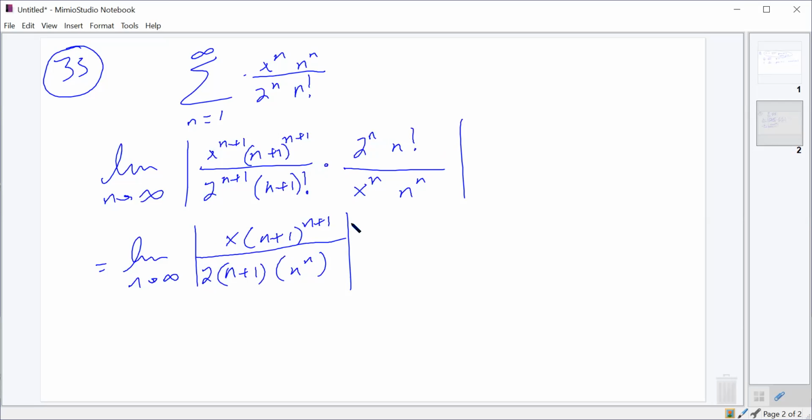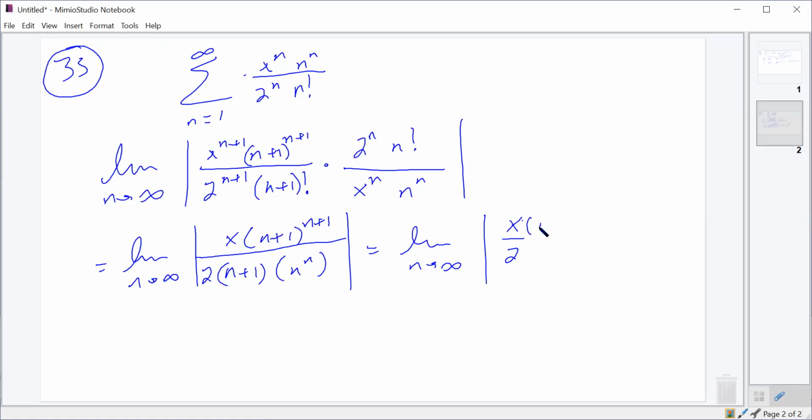I guess I should put my fraction bar. Good. Okay. And then this is n plus 1 to the first, and this is n plus 1 to the n plus 1. And so I could subtract the exponents there, n plus 1 minus 1, to get rid of this one, and just make this n plus 1 to the n.